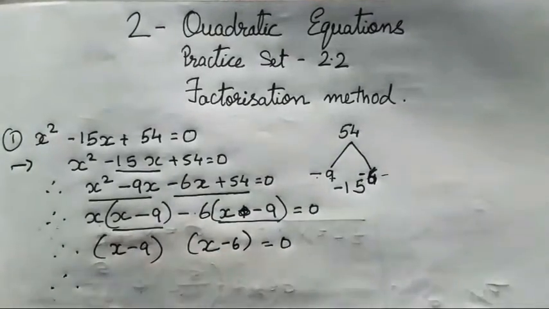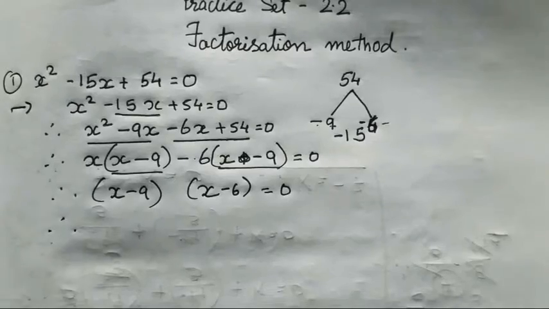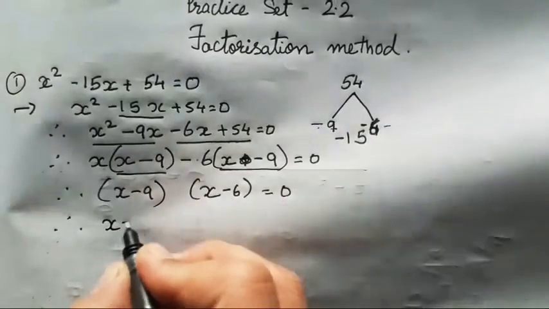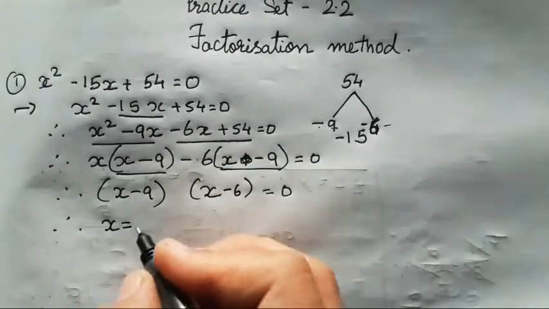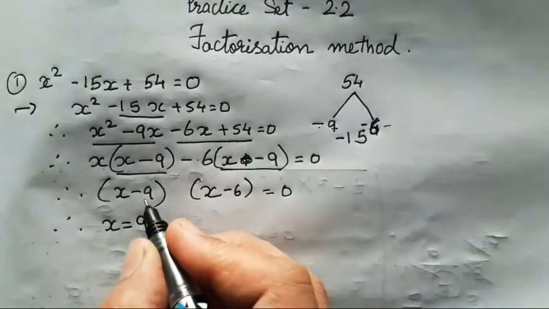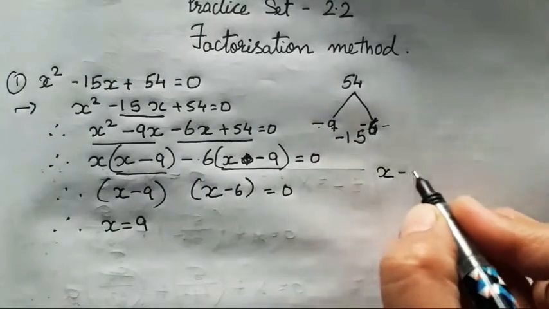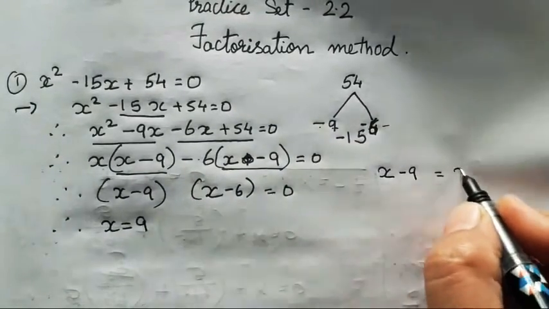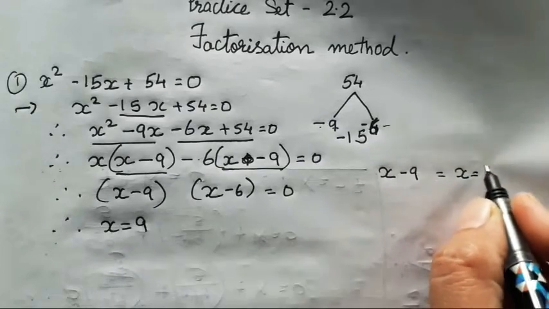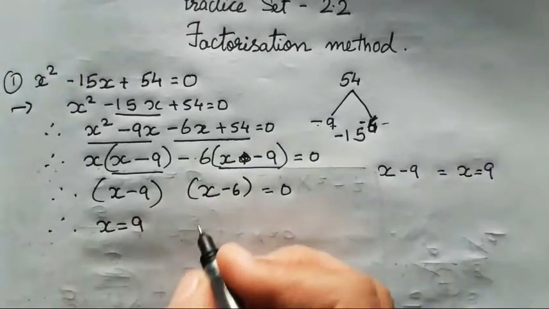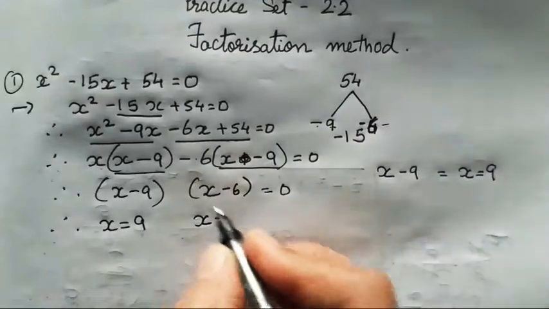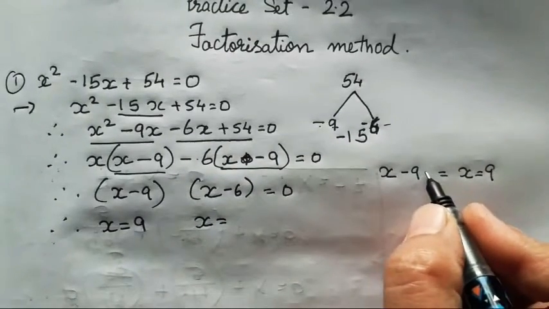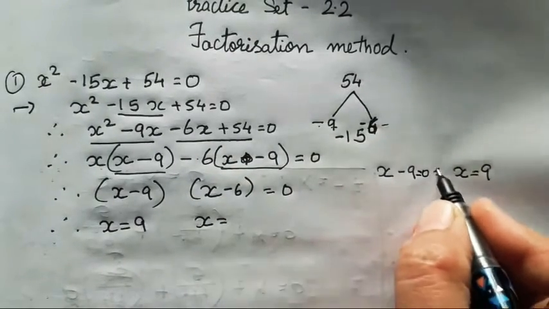So two terms you have got after factorization, that is x minus 9 is equal to 0. This method you can do in this way also. So x is going to be 9. I have directly written it, and from here x is going to be, because it's going to change its place, isn't it? This will be is equal to 0.